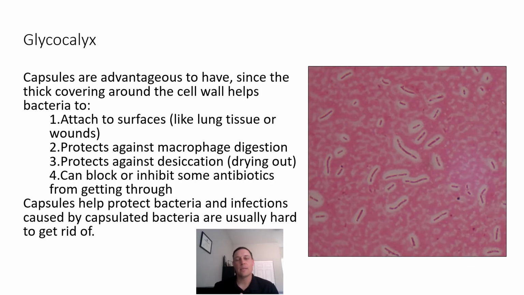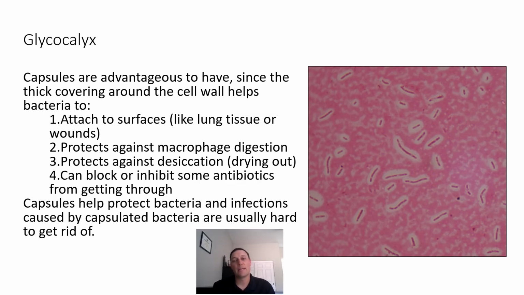When we take a look at a specific capsule, we have a cell structure that is doing something that is helping a bacterial cell to ultimately cause disease. And that's because capsules actually have 4 different ways that they carry out a job that results in it being harder for us to get rid of the bacteria.